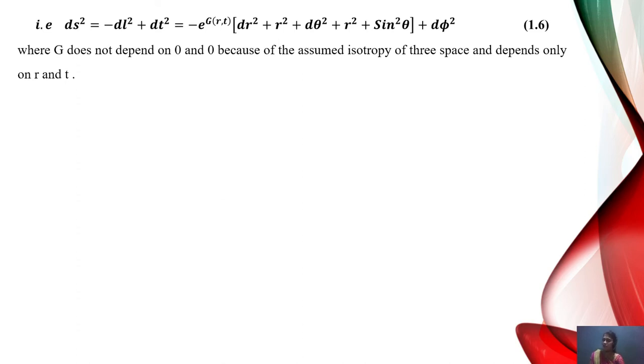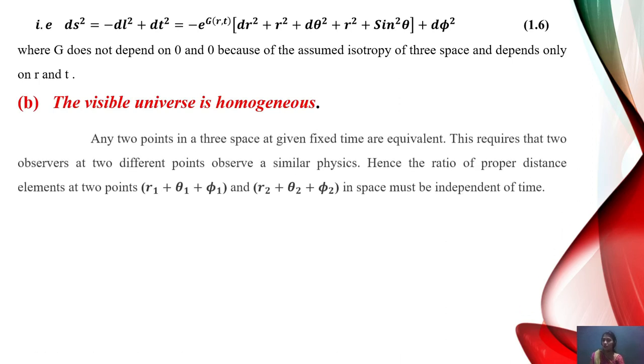Put in all these values and solve the equation, where g does not depend on theta and phi because of the assumption of isotropy of free space, and depends only on r and t. Second, the visible universe is homogeneous.